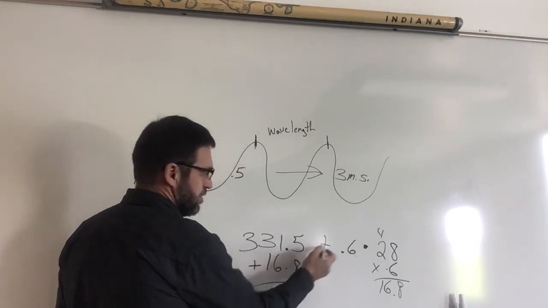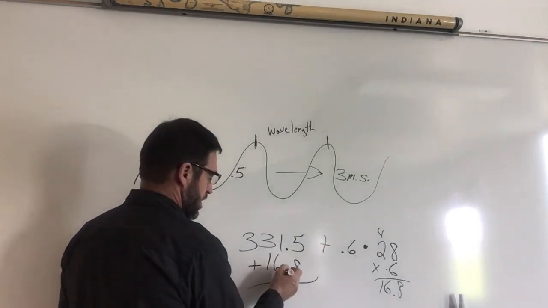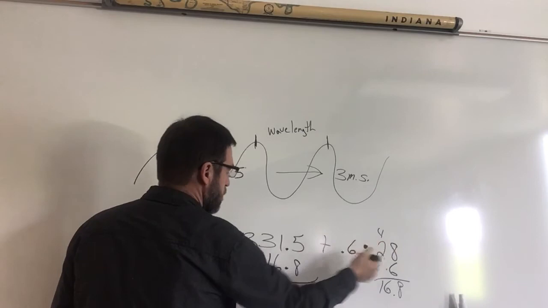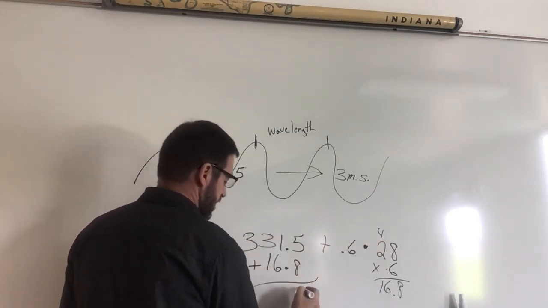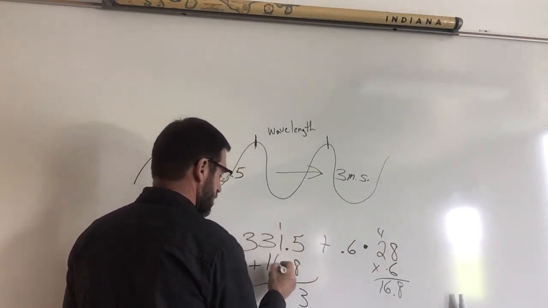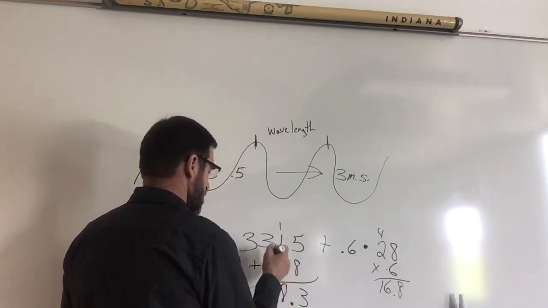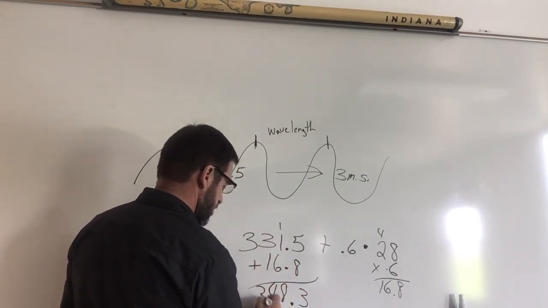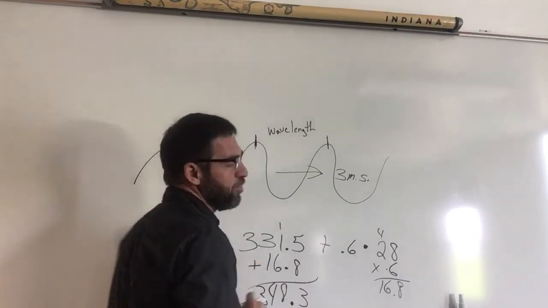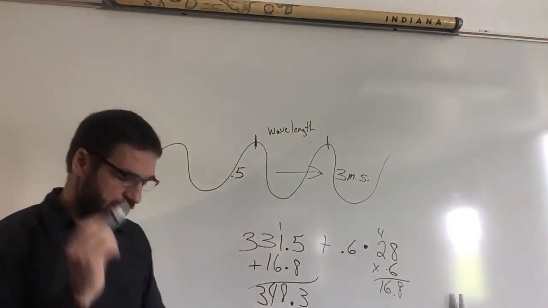Now I have to add this. You see, this is addition, so I add this here. First I multiply those two together. I come over here and add 5 and 8 is 13. 6, 7, 8. Better put my decimal there. 348.3 meters per second. That's always meters.